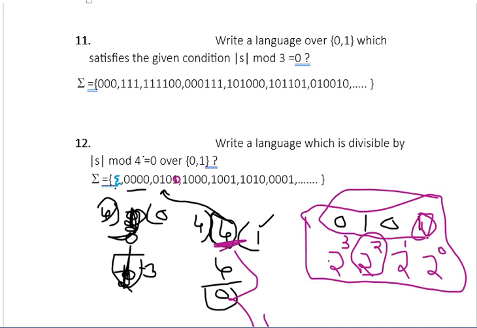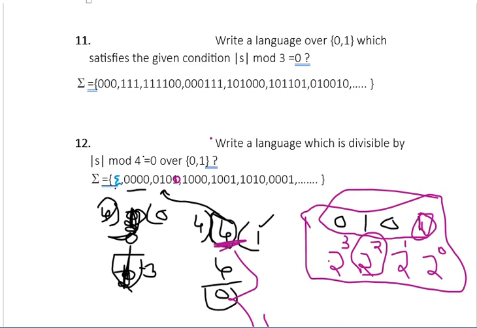I think you know. Similarly, we can try with the other numbers. If it is divisible, we have to represent that particular number with zeros and ones. If it is not divisible, leave it and go for another number. In that way, we have to write this sequence of strings.